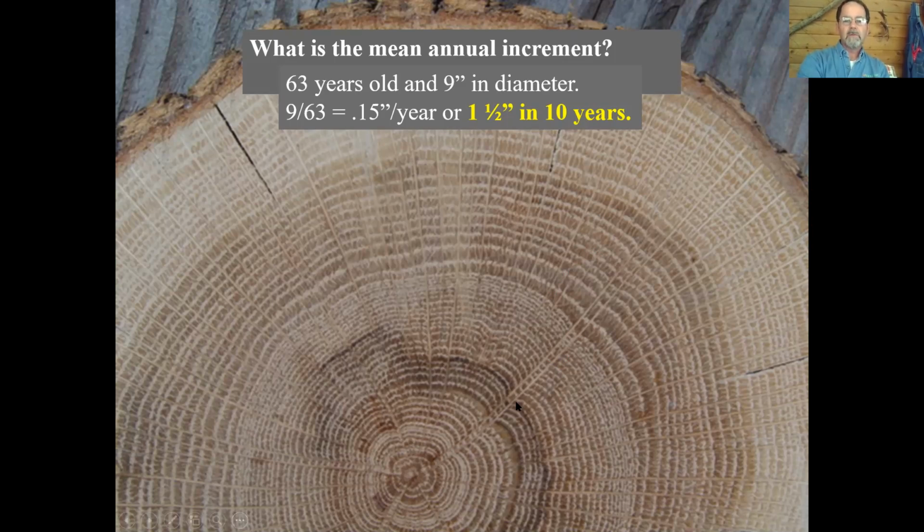I can't get my cursor to work very well, but you see it began to slow down right about in this period, and then it really shut down right in here. And that's when the forest was harvested again. And of course, that gave us a great jump, a period of rapid growth. The trees were pushing their way into the new growing space, and then it shut down again, and then it was thinned again.